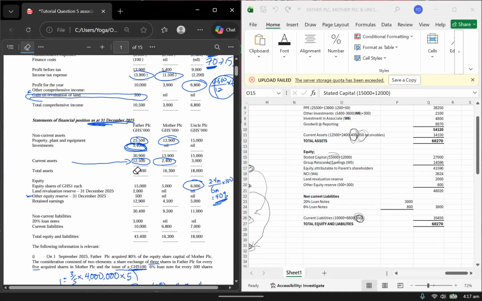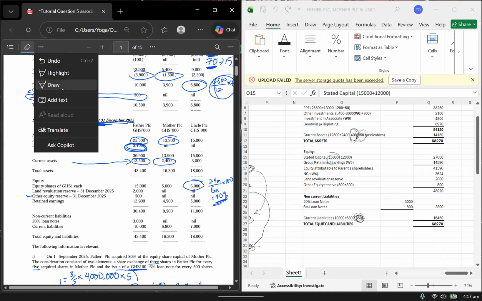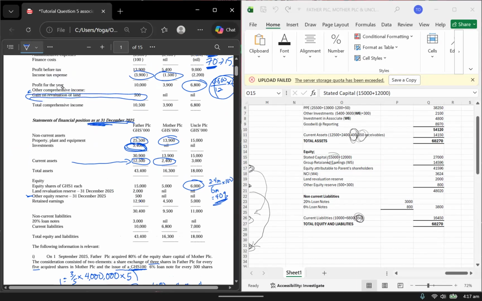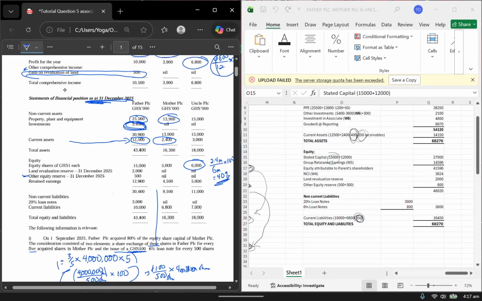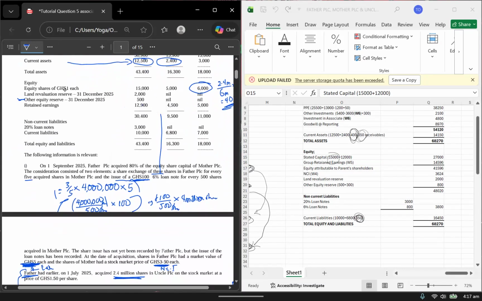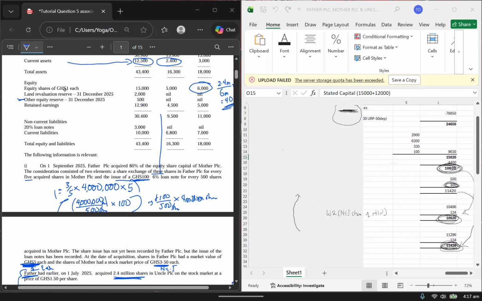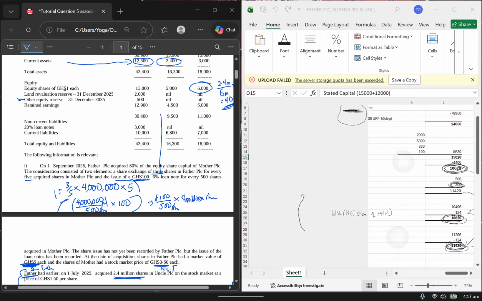And the question said that the issue of loan notes has been recorded, but the share issue has not been recorded. The share exchange is the same as the share issue. And then the amount that they paid for the share exchange has not been recorded.